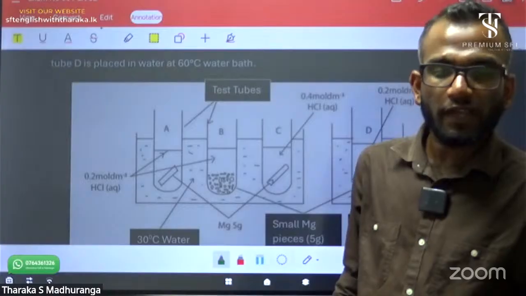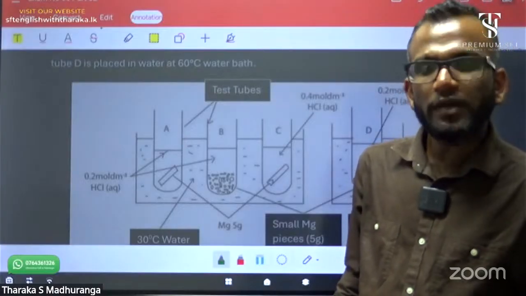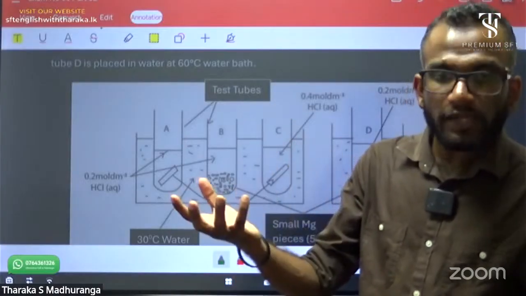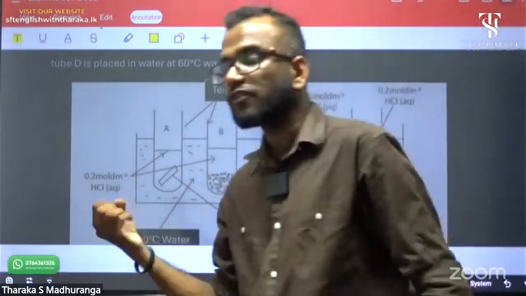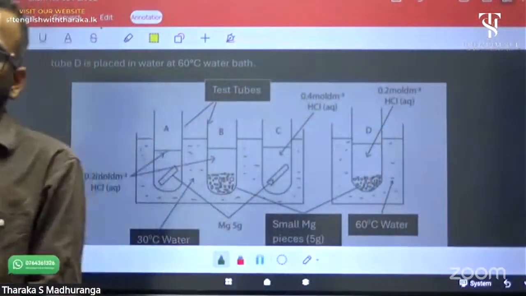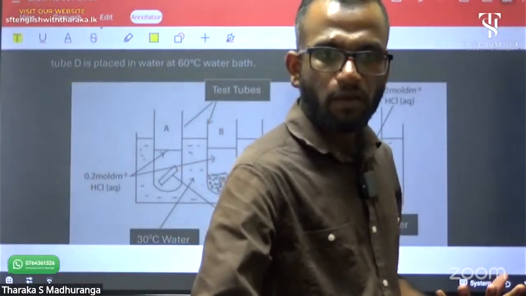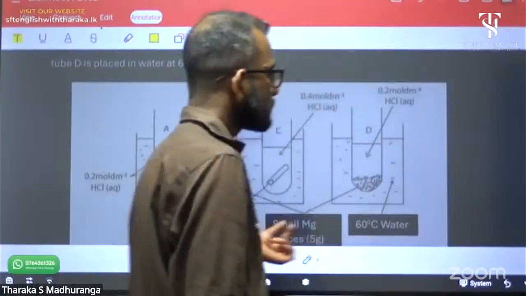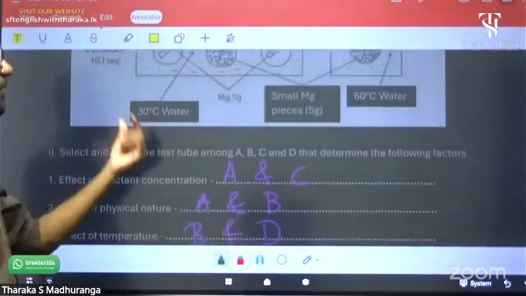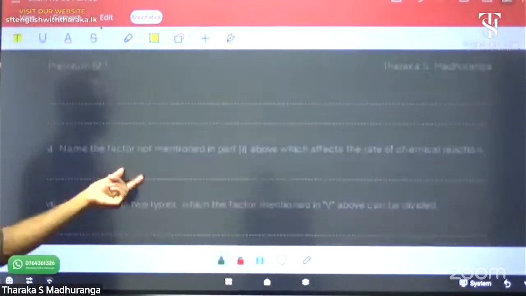Therefore, the number of collisions increases, and as a result effective collisions increase. That's why the rate of chemical reaction increases. Both methods are correct, at least one.